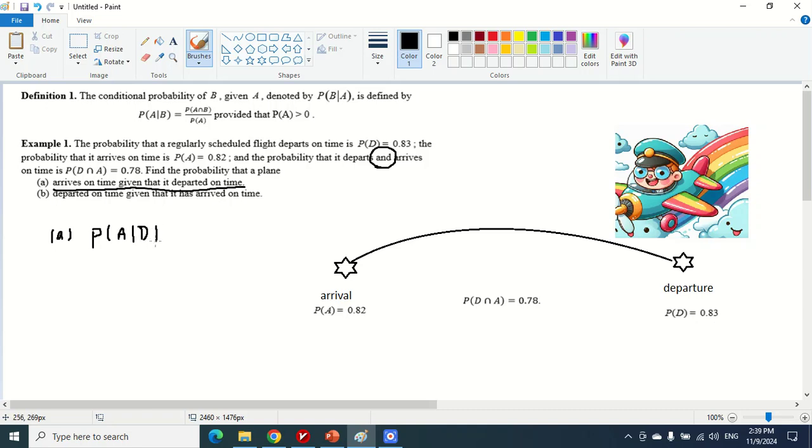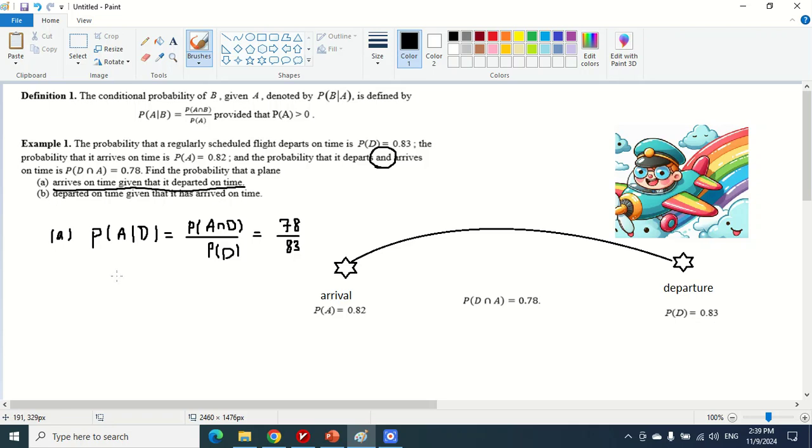So the probability of A in a condition of D. Of course it will be the probability of their intersection, A intersected by D, divided by the probability of D, and the values are given over there. Simply you can put the values: the probability of their intersection is 78 over 100, and the probability in the denominator is the departure, which is 83.